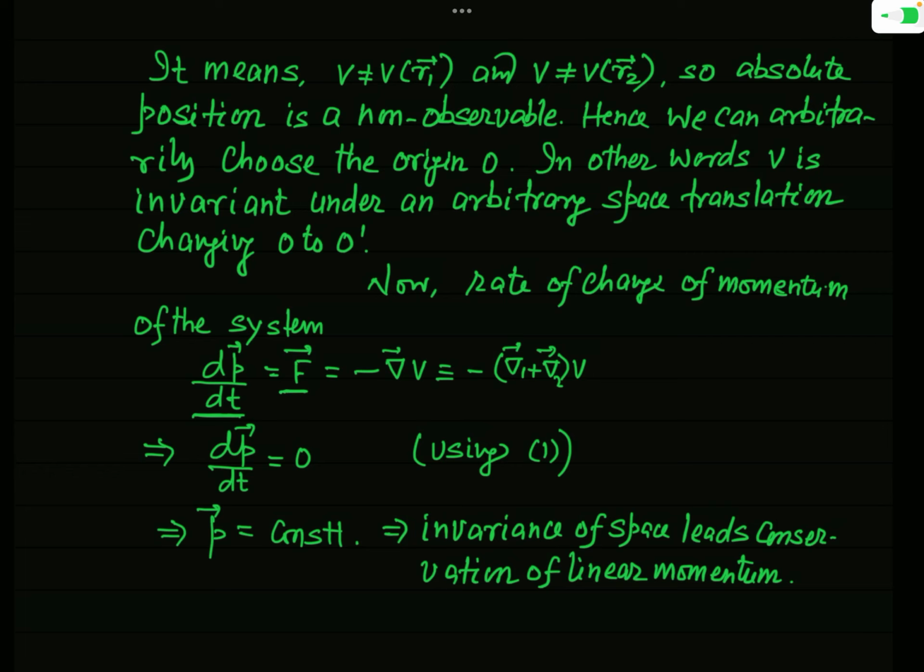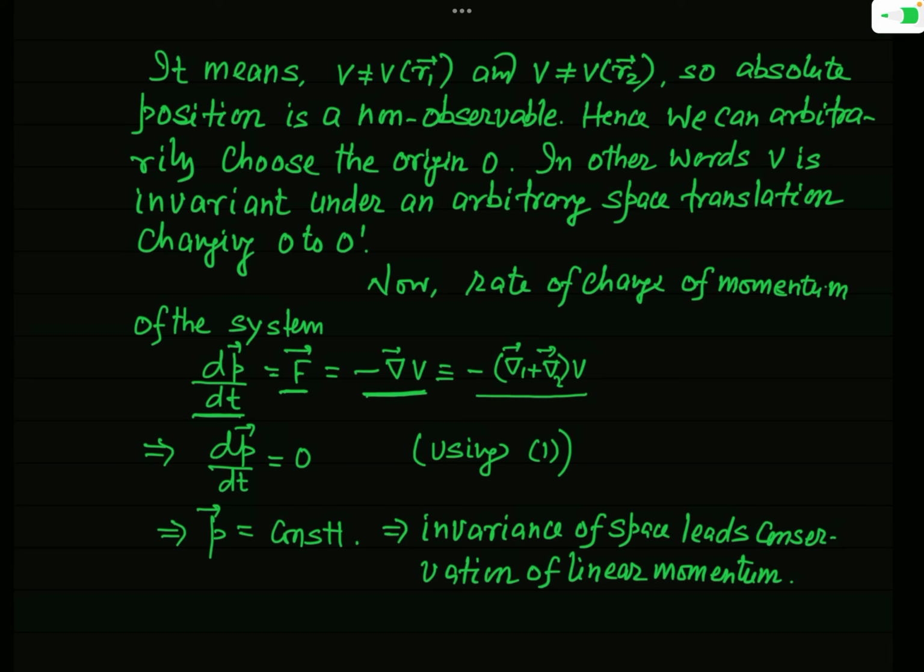This force is simply equal to the negative gradient of the potential energy or the interaction energy. So F may be written as minus gradient of V, that is minus del V. And since there are two particles, you can also write this equivalently as minus del 1 plus del 2 acting on V. Here del 1 represents the gradient operator for the first particle and del 2 for the second particle.